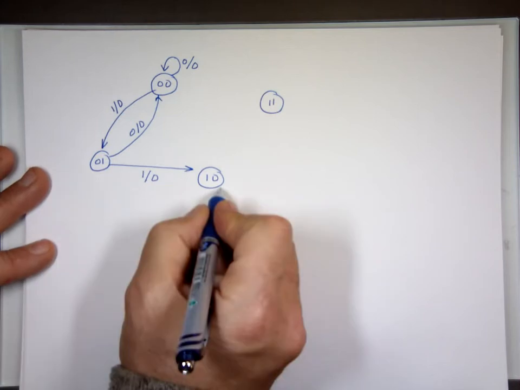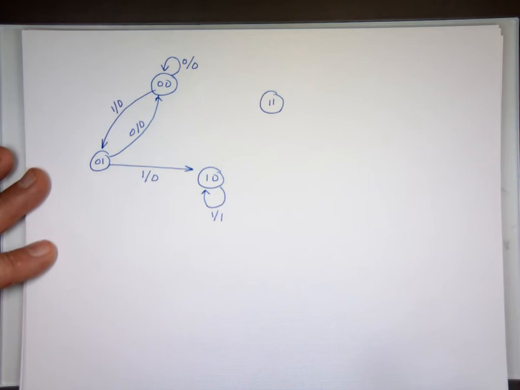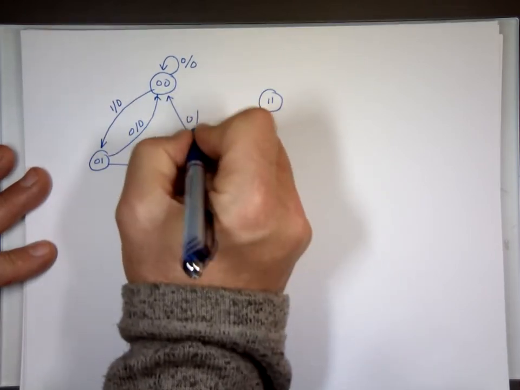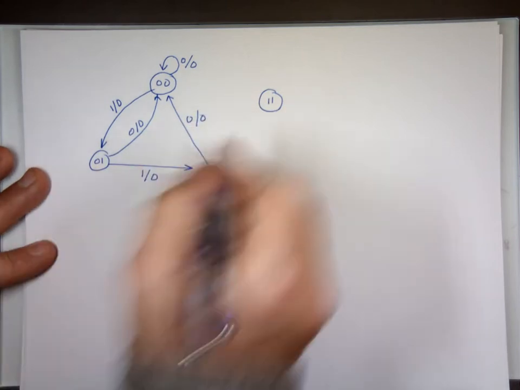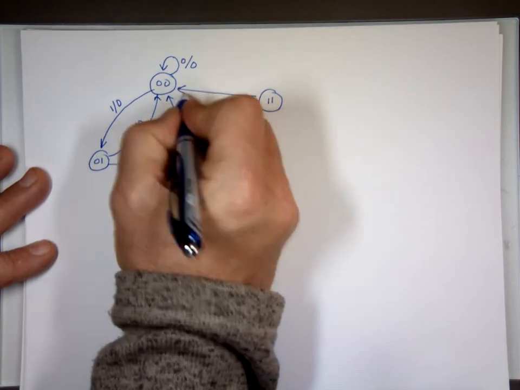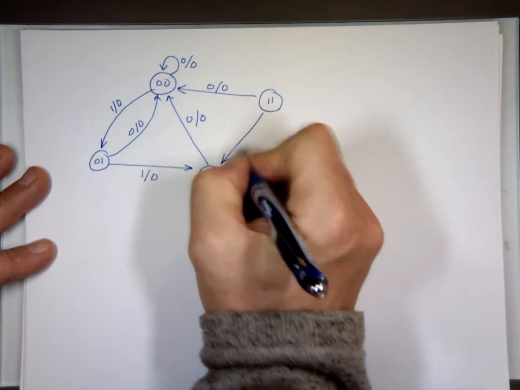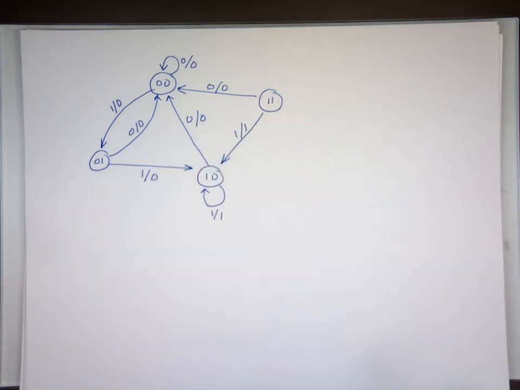If it's 1, I'll stay here, my output is 1. If it's 0, I go back here, and my output is 0. If I'm at this and I put in 0, I go right here, my output is 0. If I put in 1, I go down here, and my output is 1. Let's say this is the state diagram that I have.